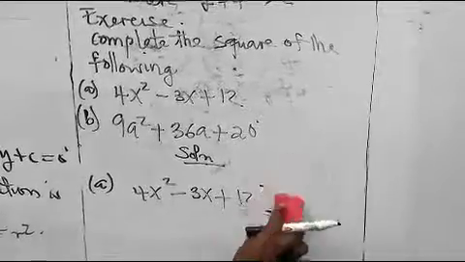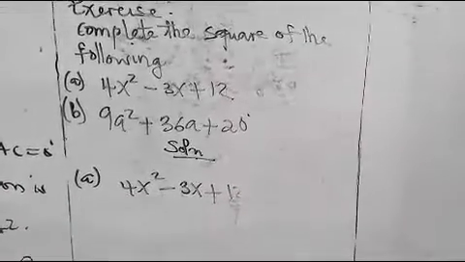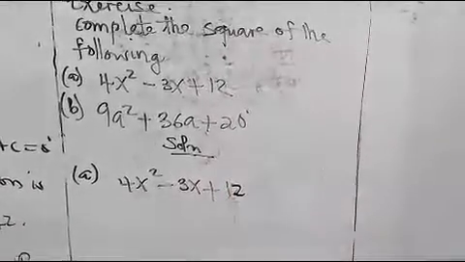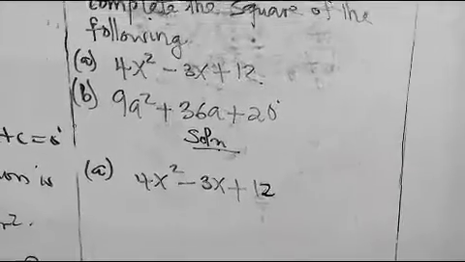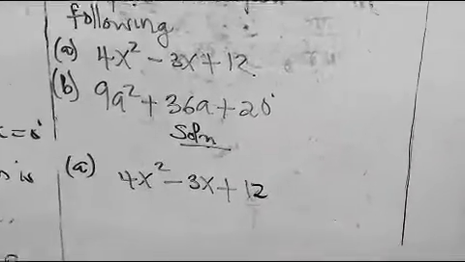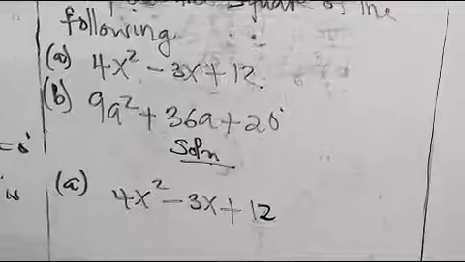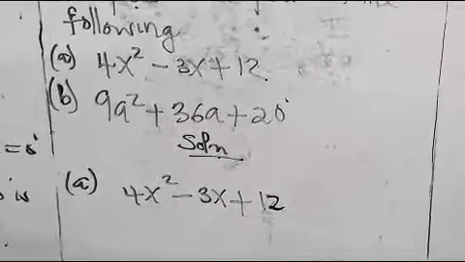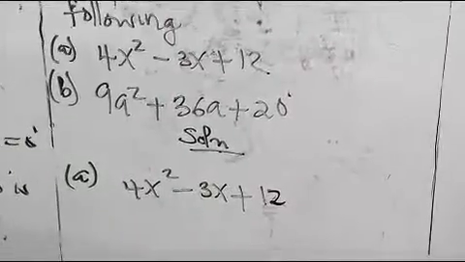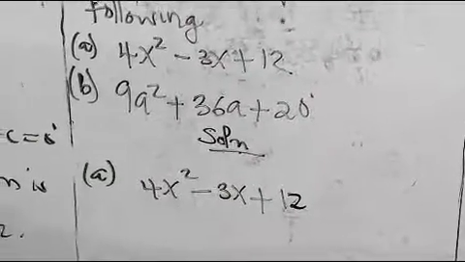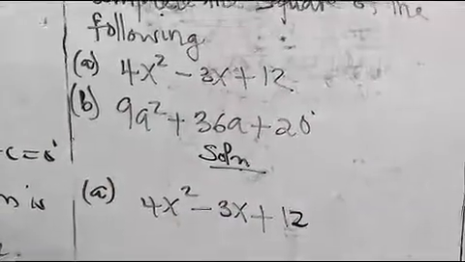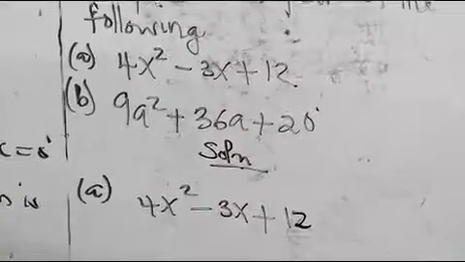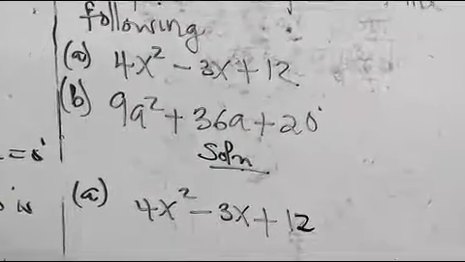So we are going to learn how we can complete the square of a quadratic expression. It's not that different from a quadratic equation, but there's a little bit of difference. Here we are not going to transfer the constant term because there's no equal sign for us to transfer to. So everything is going to be inside the quadratic expression. So let's start completing the square.